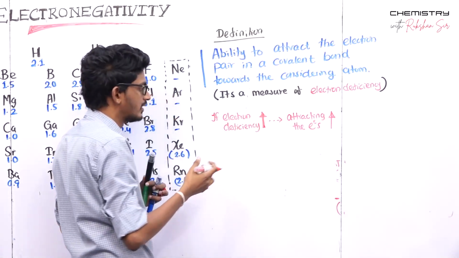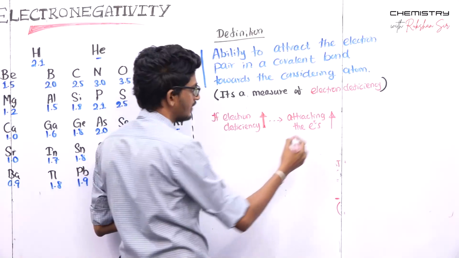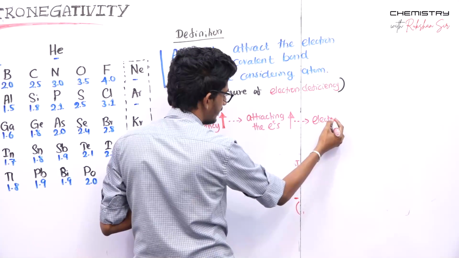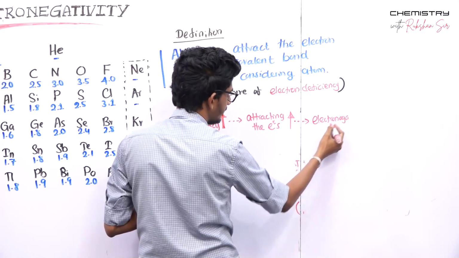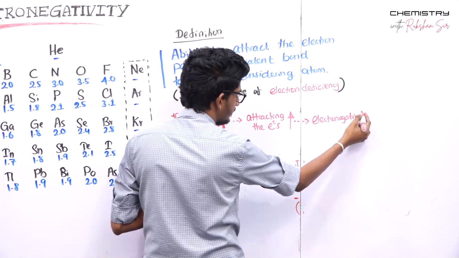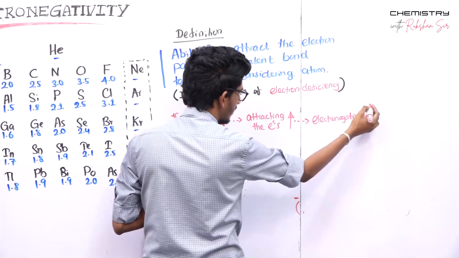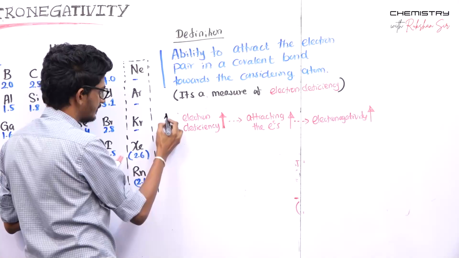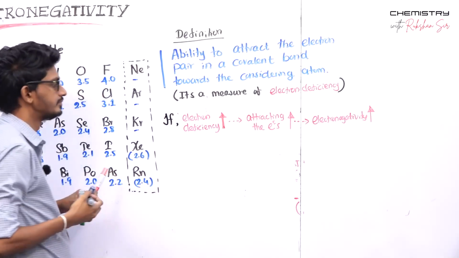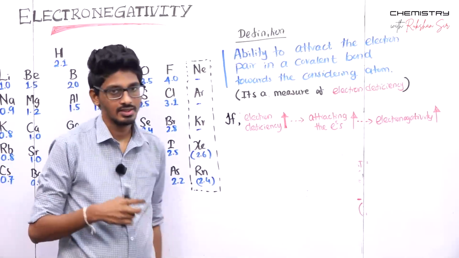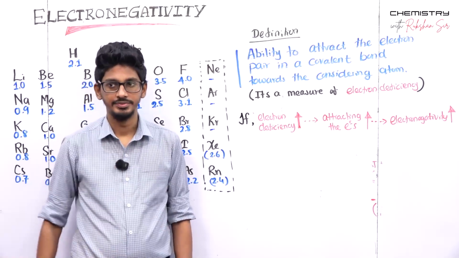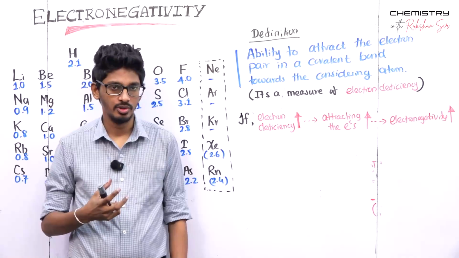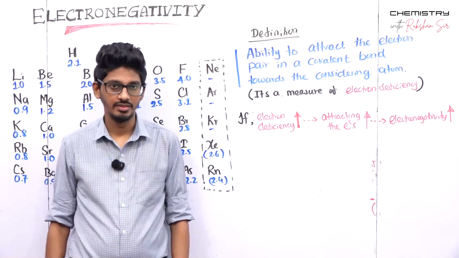When you are more electron deficient, you try to attract electrons greatly. That will ultimately lead to greater electronegativity. So it's a measure of electron deficiency, one can say. This is the concept of electronegativity. The greater the ability to attract the electron pair in a covalent bond towards yourself, the higher your electronegativity.